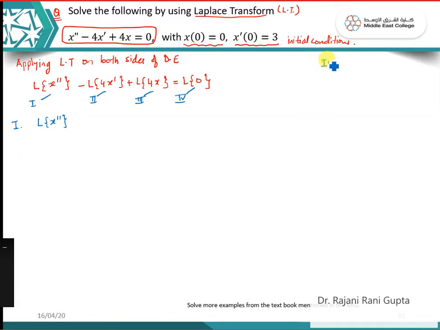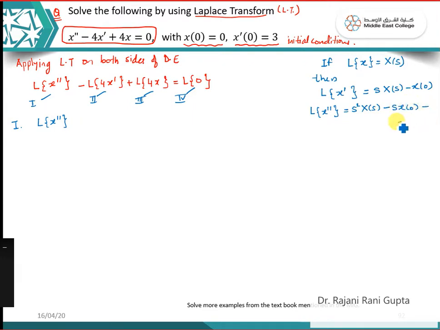We know the formula that if we denote the Laplace transform of x by capital X of s, then we have Laplace of x dash, the first derivative, as s X of s minus the value of x at 0, and the Laplace of x double dash as s square X of s minus s x of 0 minus x dash of 0. Okay, so let's use this formula here.